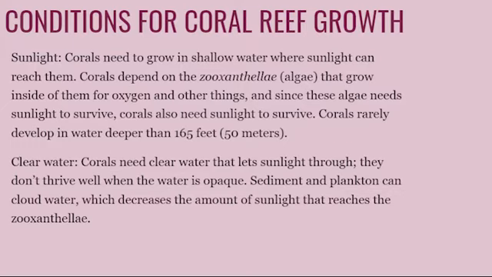And these algae grow inside of them to get oxygen and other necessary things that this algae needs, right? Now, since the algae need sunlight, automatically the corals will need sunlight as well, because corals depend on algae, right? Now, corals rarely develop in water deeper than 165 feet, and we know the reason why.